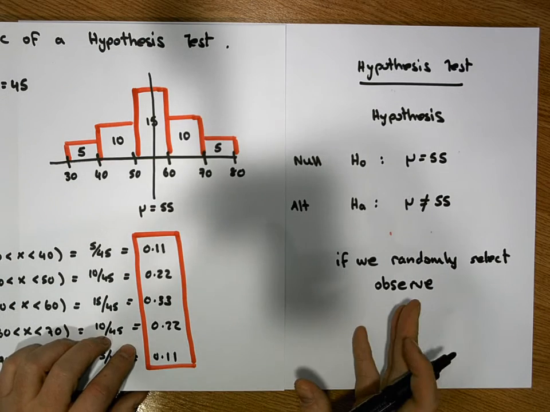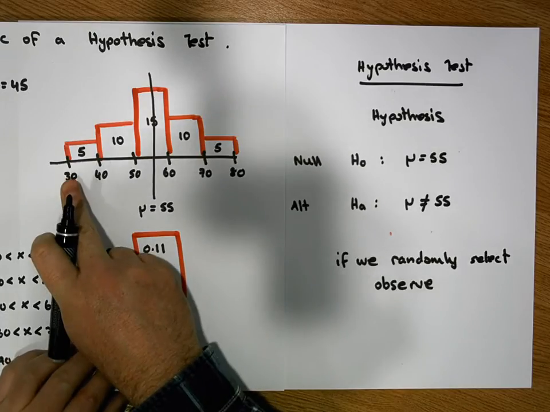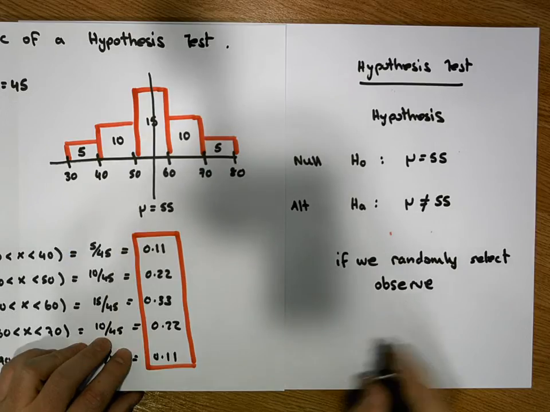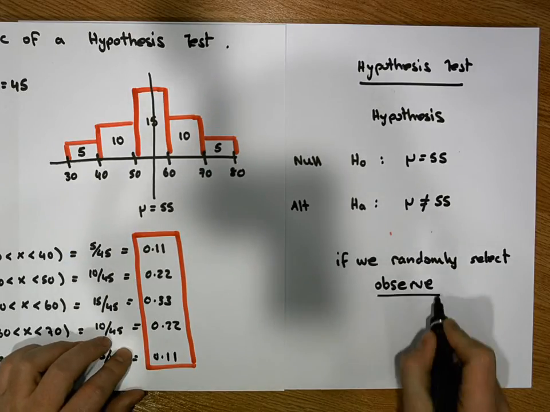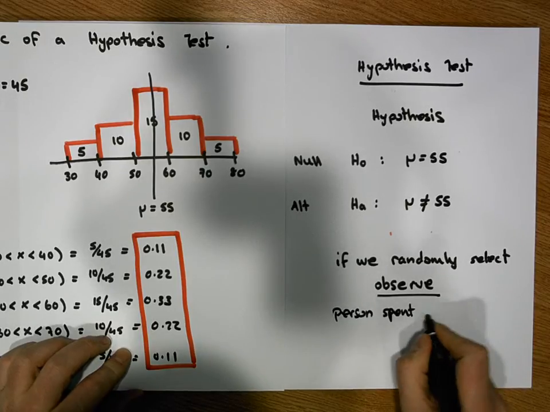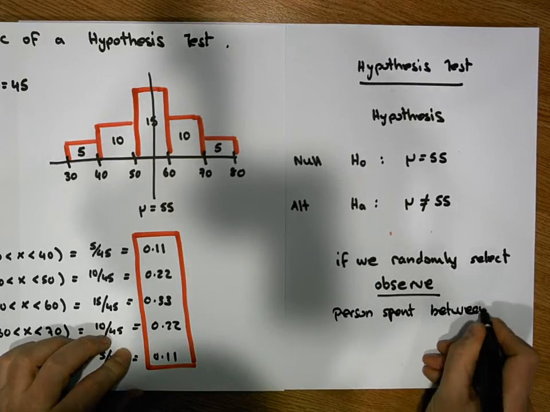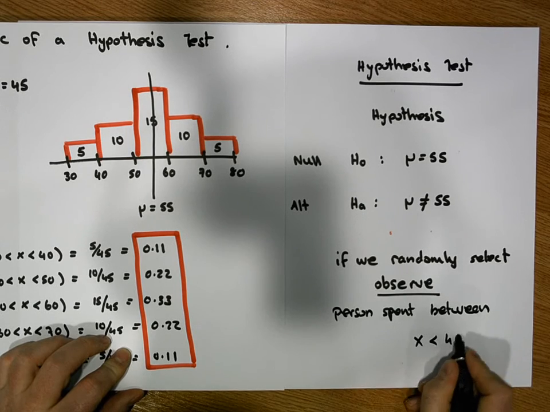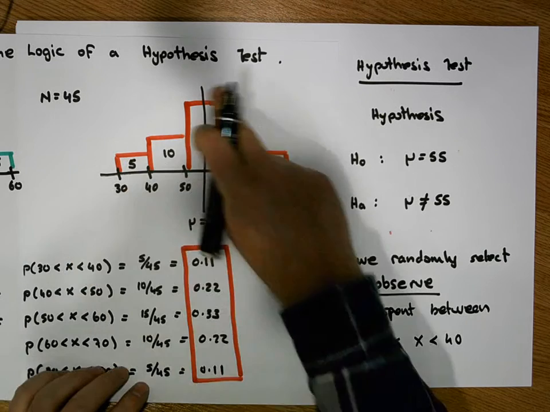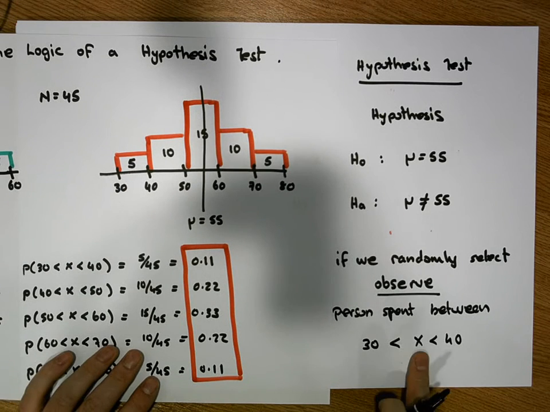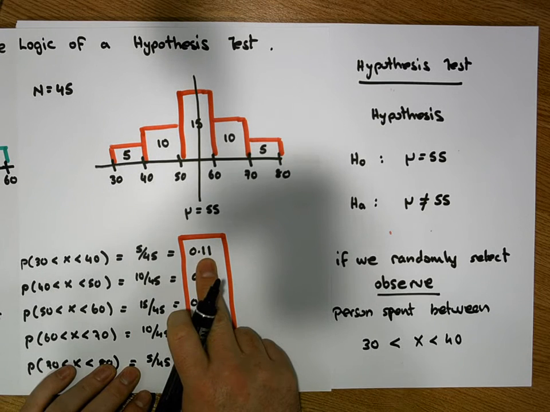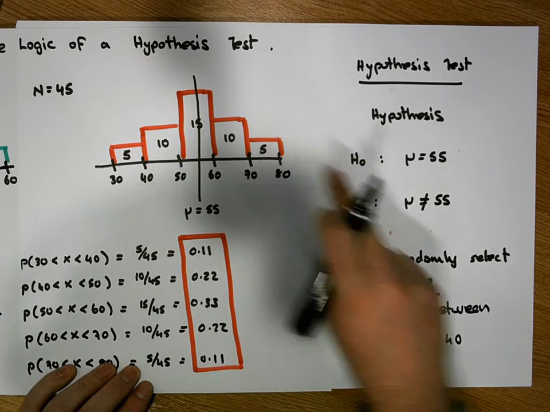We randomly select from the population, and the person that we've selected spent between 30 and 40 euros. Well, the probability of us observing that particular value would be very, very small if this was true.